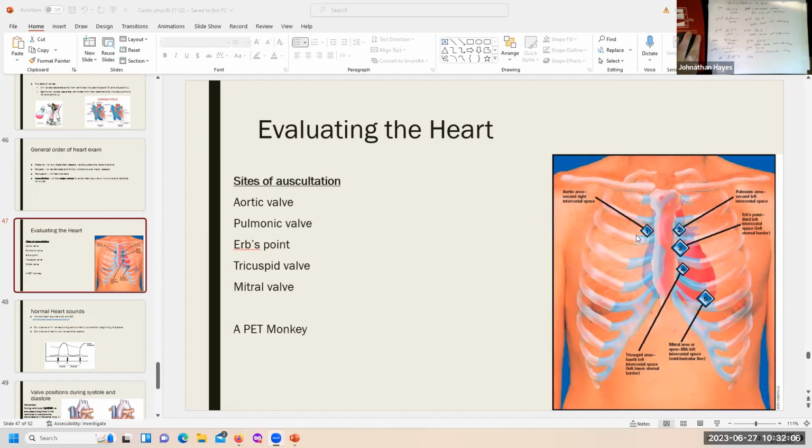Where do I palpate before I stick the stethoscope there when you're showing somebody that you know how to do it? This is second intercostal space, right side of the sternum, second intercostal space, left side of the sternum, third intercostal space, left side of the sternum, fifth intercostal space, left side of the sternum, and then fifth intercostal space, mid-clavicular line, right? So I just kind of find the space and then I just go zoop.